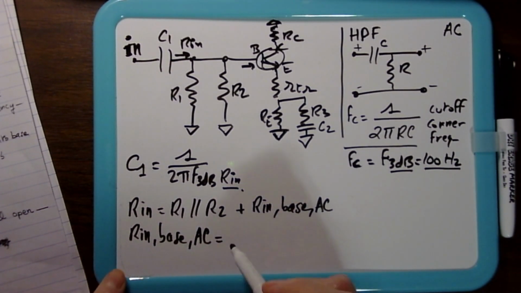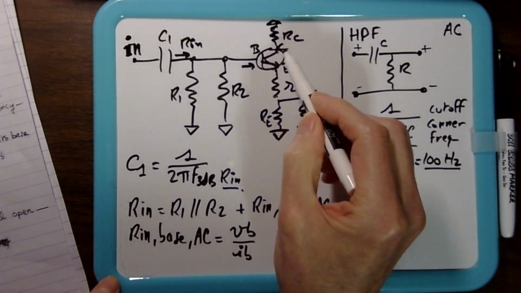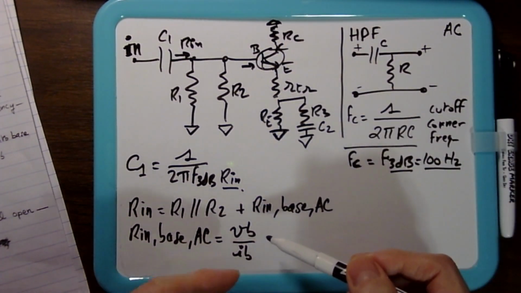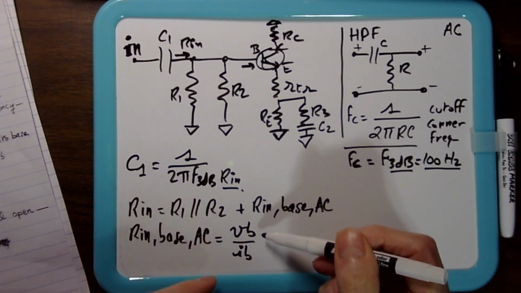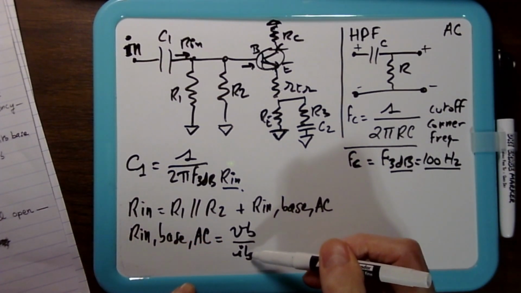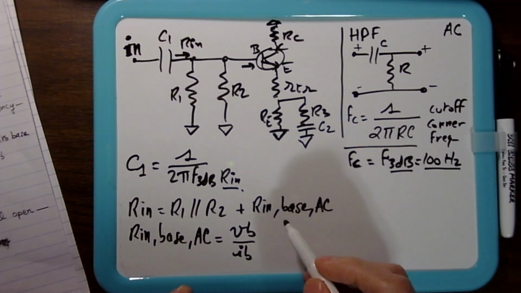So this R in base AC, the only way you can get it is that you have to compute VB over IB. Because here the transistor is an active component, it's not passive, so you have to use the ratio VB over IB. So VB is the AC voltage at the base and IB is the AC current through the base.